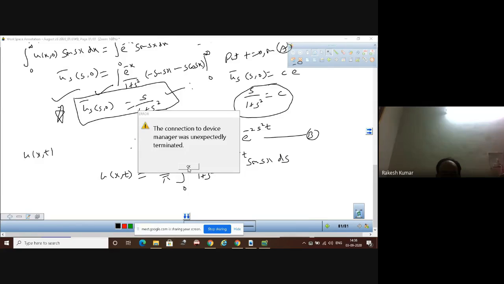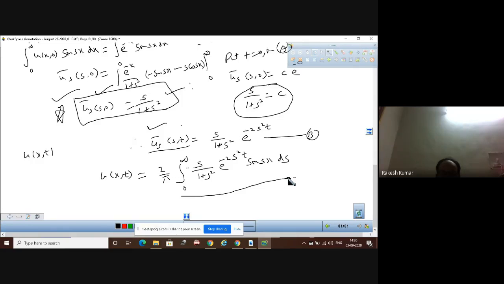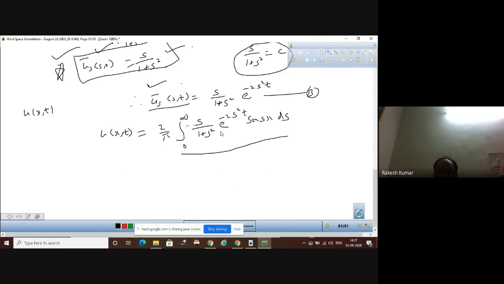If you are able to find the integration of this, you will get the exact value of the solution, but it is not easy because there are three functions. The first function is s upon 1 plus s square, the second is an exponential function in s, and the third is a trigonometric function.